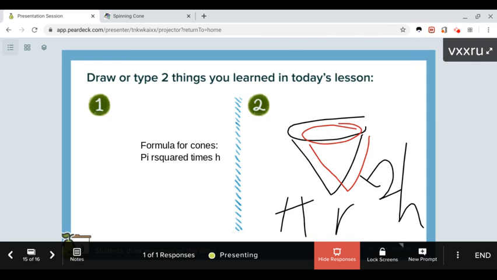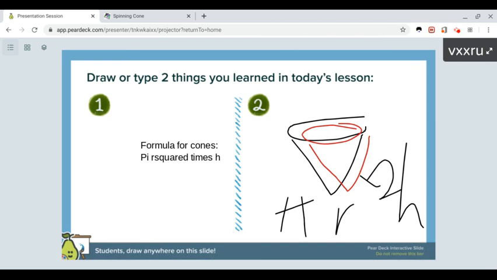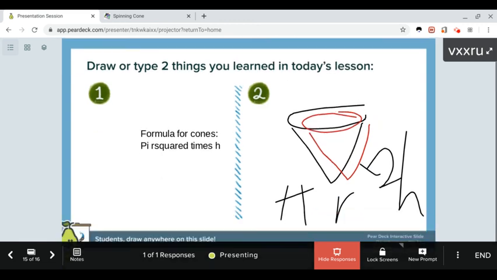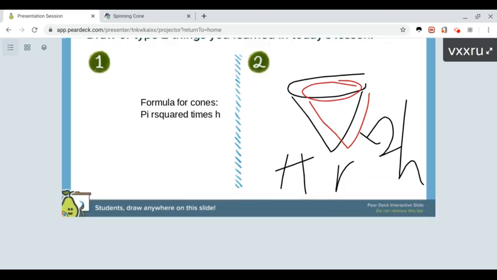Obviously, the more you have, the better. But even just being able to have the students draw something, it will make it where they're really thinking about it, and they're really processing it that much more. And it just gives you an idea of what it is that they've learned.